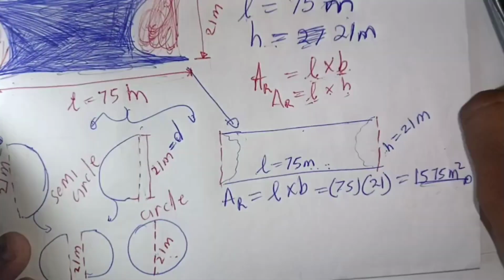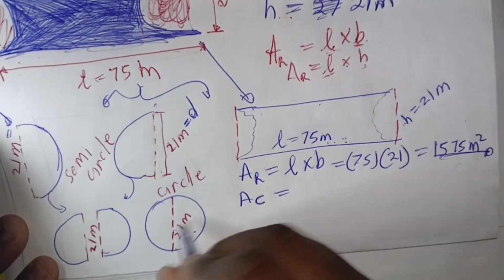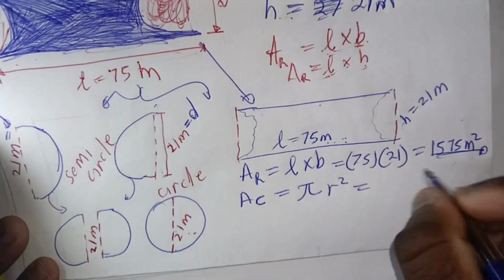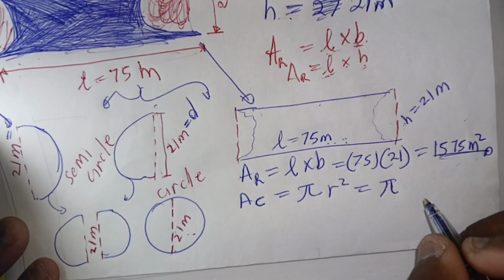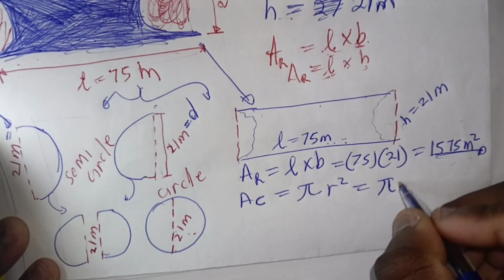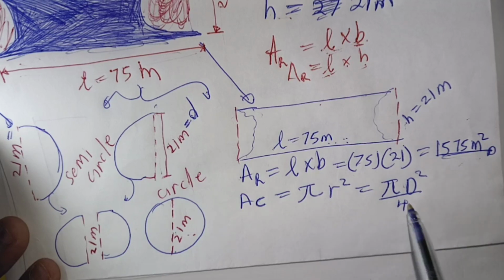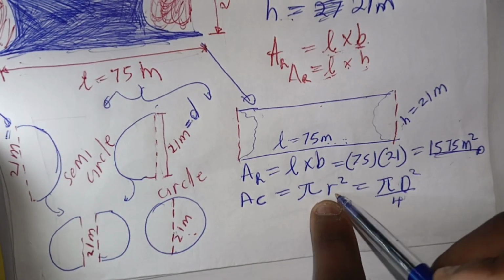So the area of a circle will be pi r squared, or you can even use pi d squared over 4. You use this one if you are given the diameter, and this one if you know the radius.